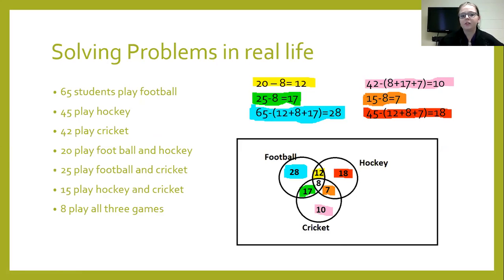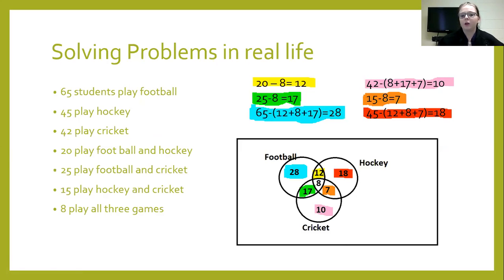So 7 students play only cricket and hockey. Now we're going to look at the purple and pink highlighted area. We know that there are 42 students who play cricket all together. 8 of them play all 3 sports, 17 of them play football and cricket, and 7 of them only play cricket and hockey.